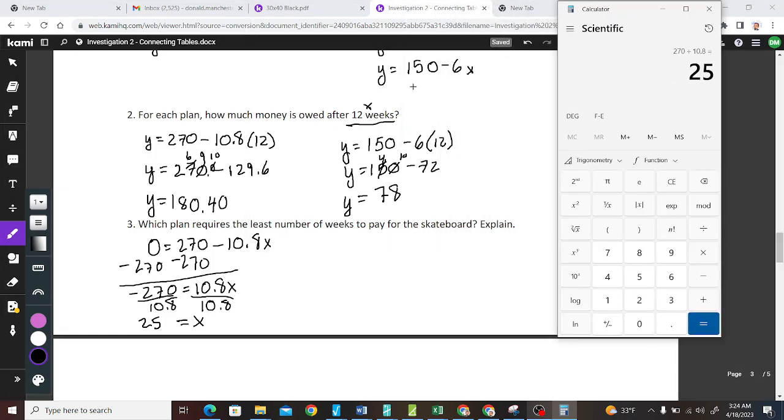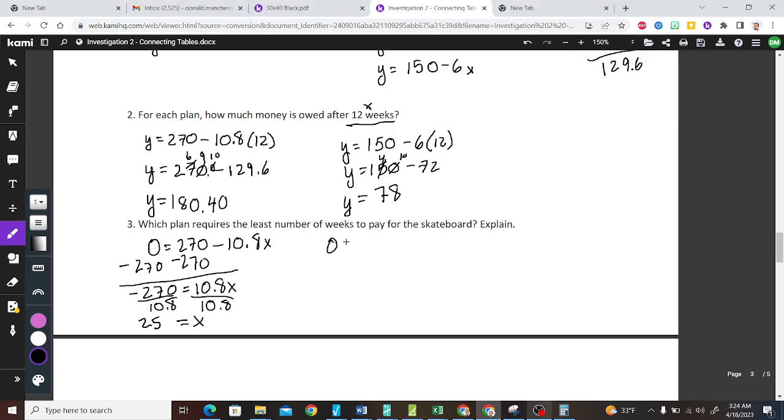There's a shock and a gasp that you should be astonished, because when we do the same thing, 0 equals 150 minus 6x. When we subtract 150 from both sides, we get negative 150 equals negative 6x. Divide both sides by negative 6.